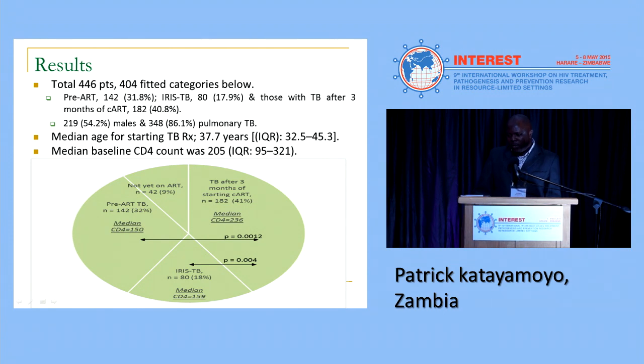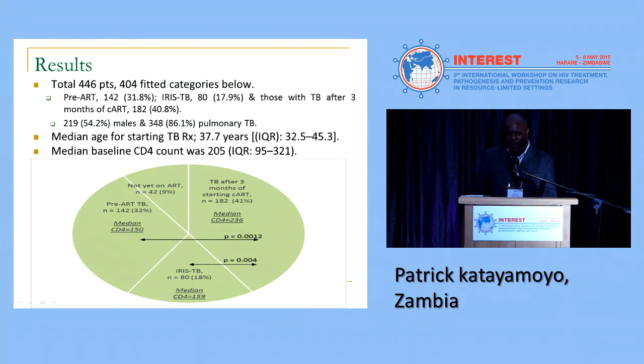What is important to notice is that the median baseline CD4 count for the three categories was lowest under the pre-ART group, at 150, followed by the IRIS TB group at 159. The patients on ART were developing TB at a higher median CD4 count of 236.